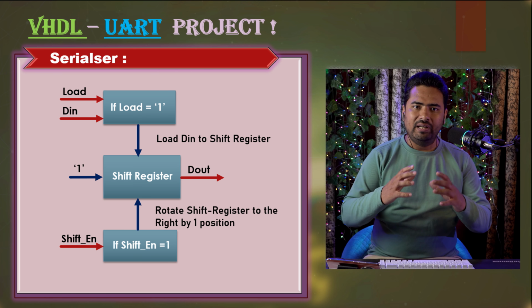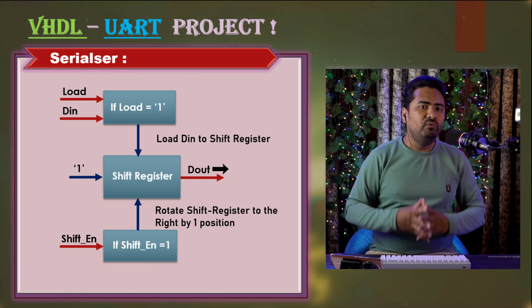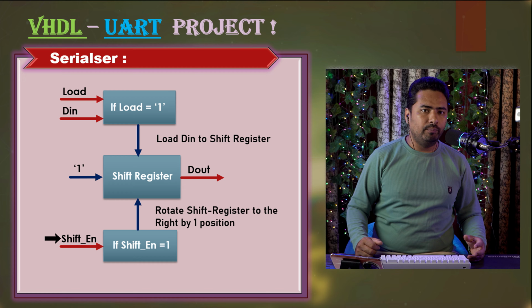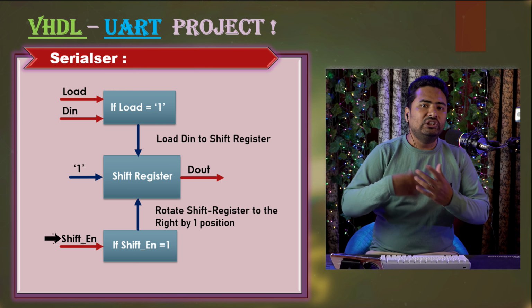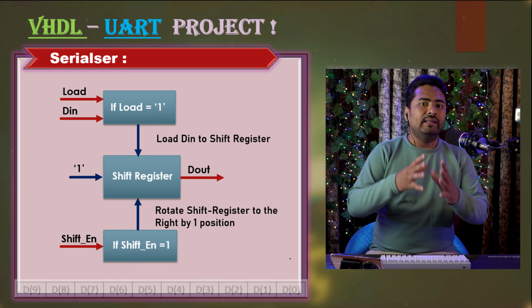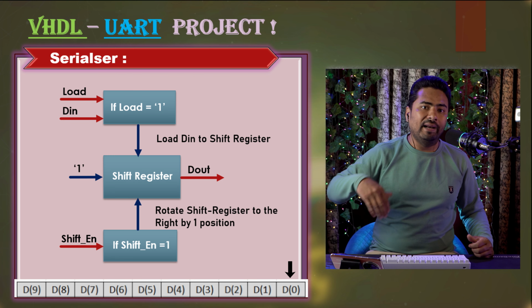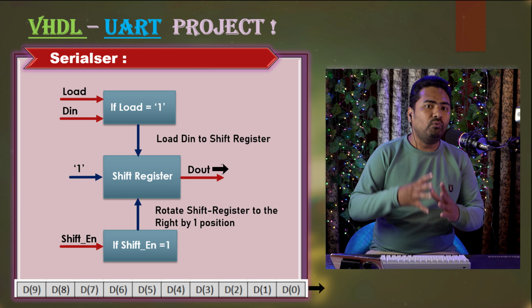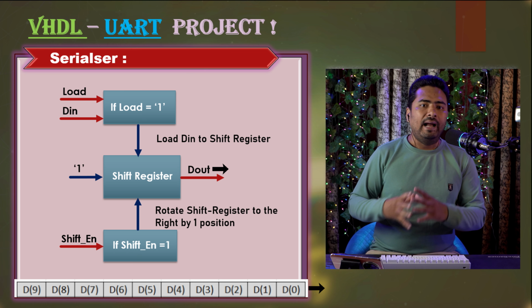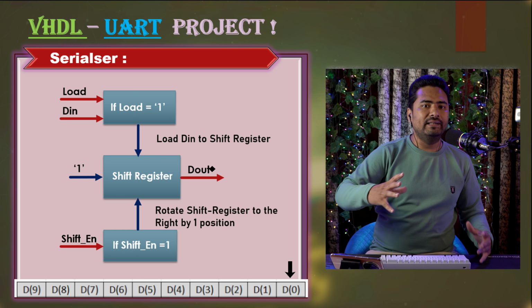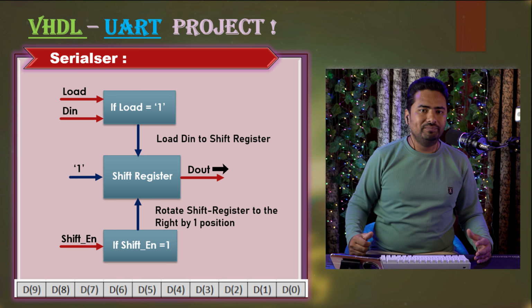Okay. Now for the shifting operation, we will use this shift enable input. And when this shift enable pulse is given, then the least significant bit, or LSB, will transmit out from the serializer module. And we will get the LSB at this output DOut.